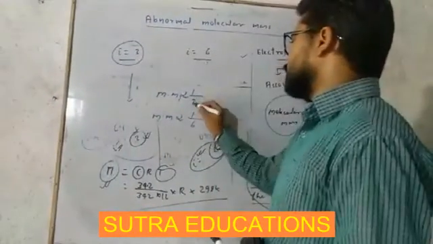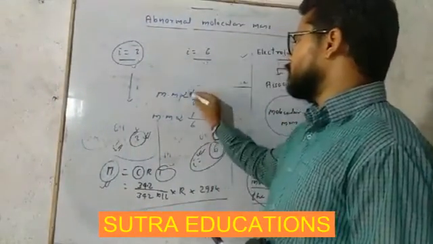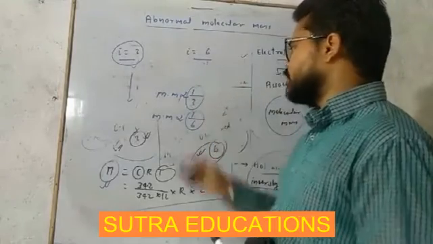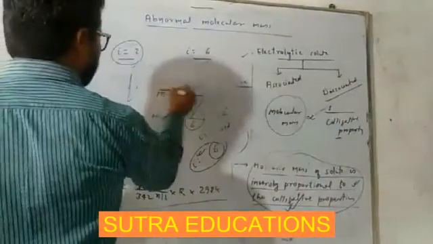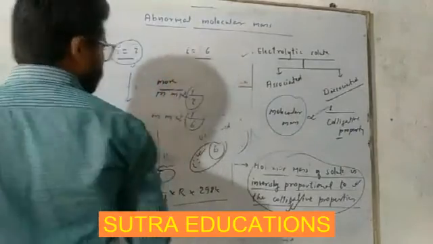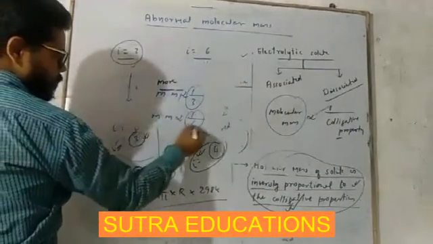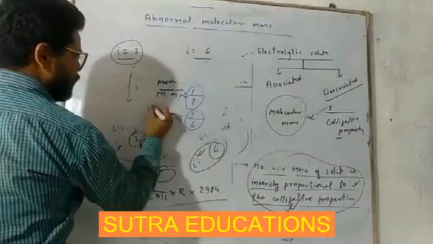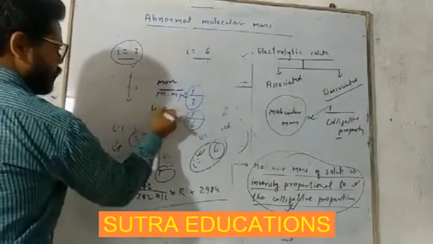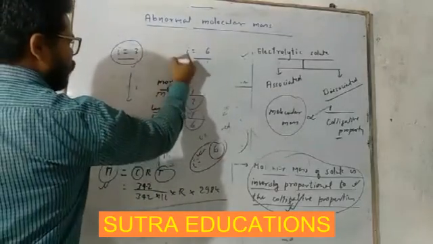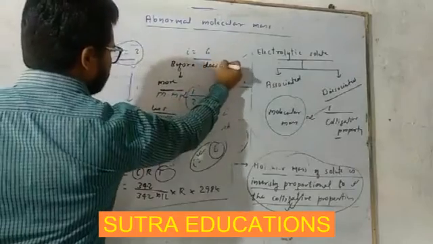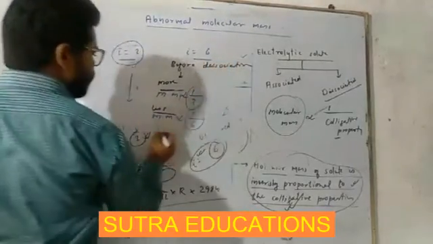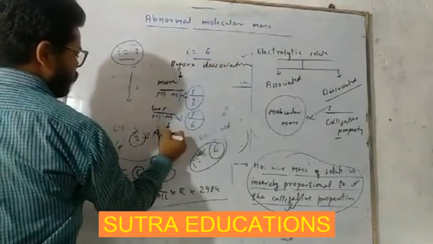It means in the first case its value will be more, and when it is proportional to 1 by 6, its value will be less. Getting this or not? So this is the case before dissociation, and this is the case after dissociation.